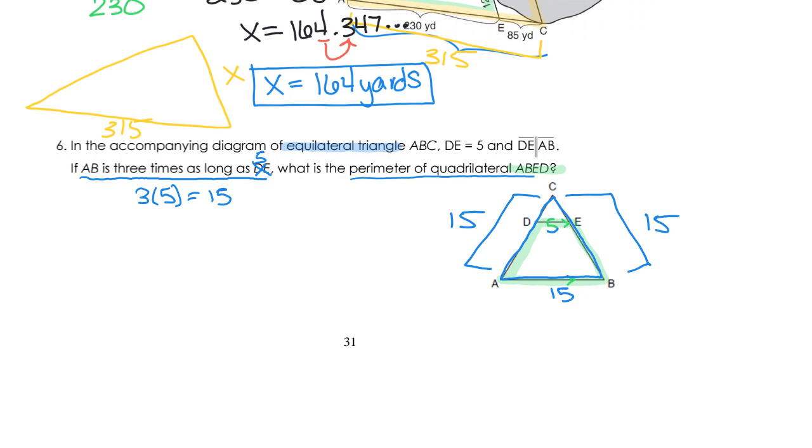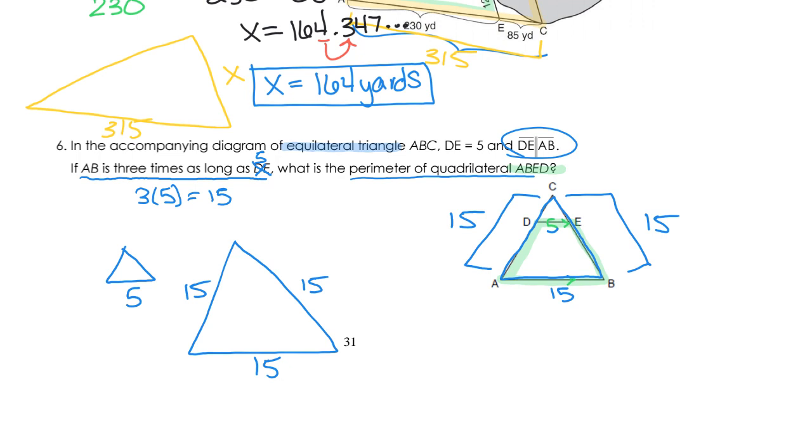So the little triangle on top has a side of 5, and the big triangle has sides of 15. They told me that DE is parallel to AB, which makes these angles equal, and obviously angle C is a shared angle. So these triangles are similar, and if they're similar, then there's a scale factor.